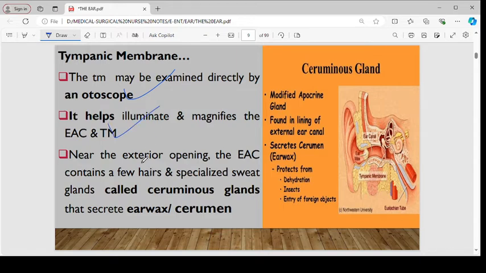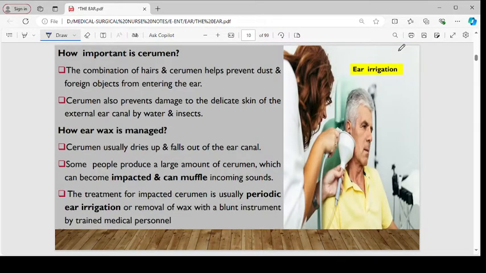Near the exterior opening, the external auditory canal will contain a few hairs and some specialized glands that we refer to as the ceruminous glands. These ceruminous glands produce earwax, or what is medically referred to as cerumen. Is cerumen important?